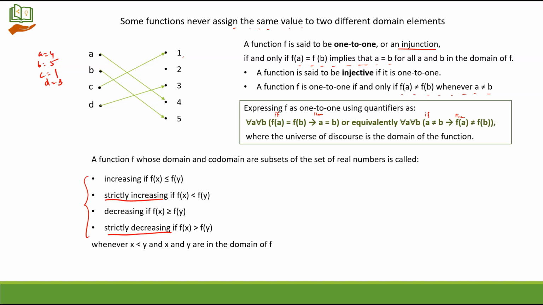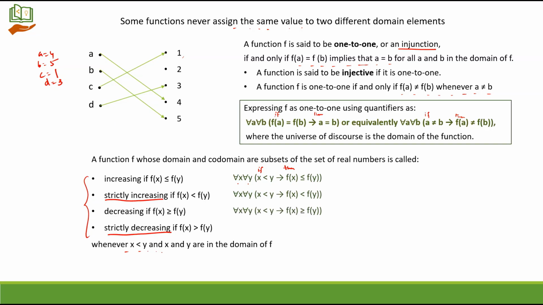apply these four terms. How can we represent increasing in terms of propositional logic or quantifiers? For all values of x and for all values of y, if x is less than y, then f(x) is less than or equal to f(y). What about the next one? If x is less than y, then f(x) is less than f(y).